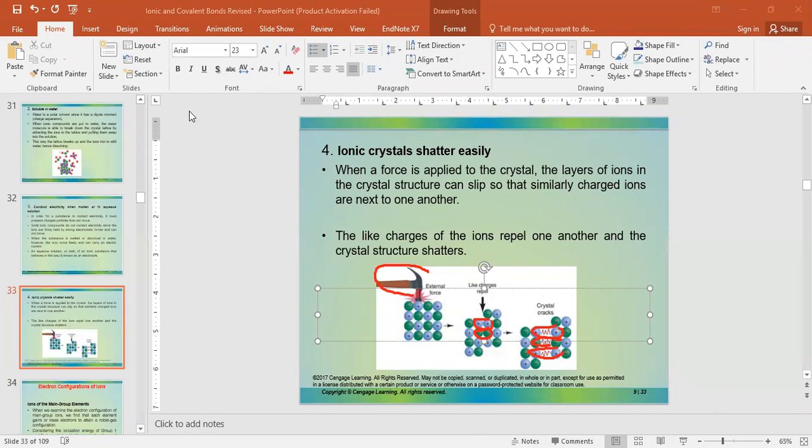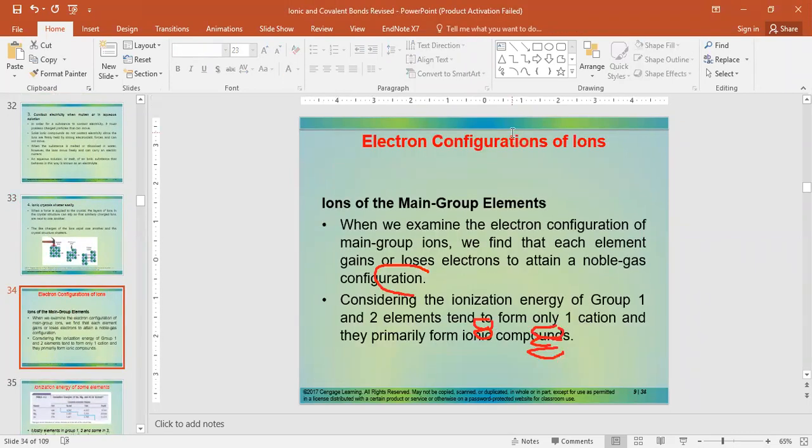So we move on, students. Then we look at the electronic configurations of ions. When you talk about electronic configuration of ions, we may look at the electronic configuration of cations and of anions.